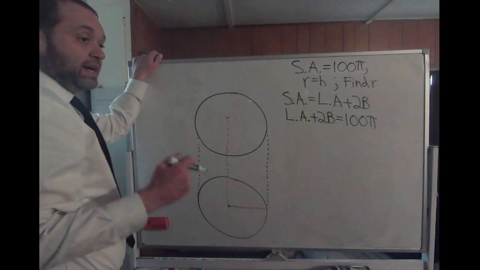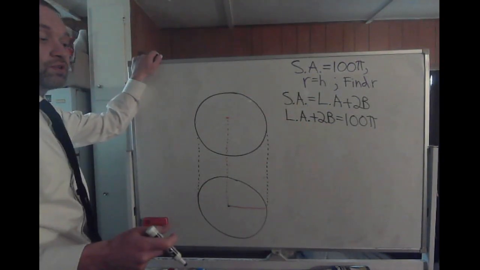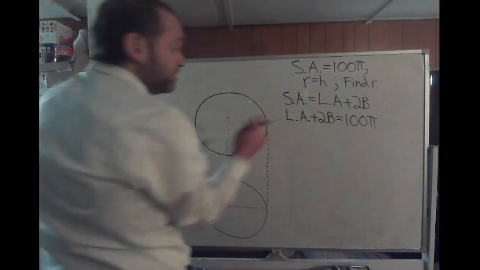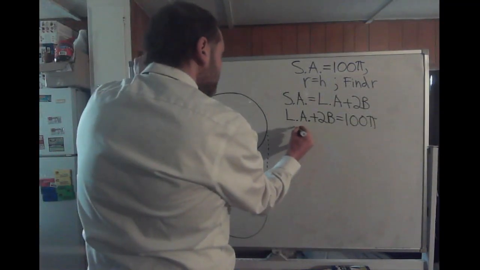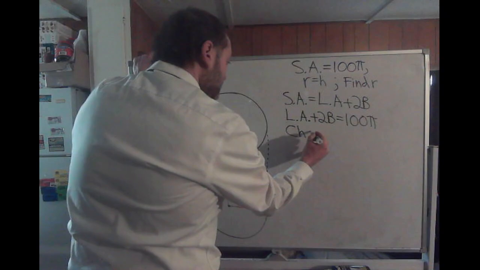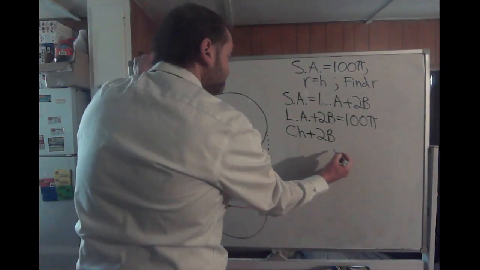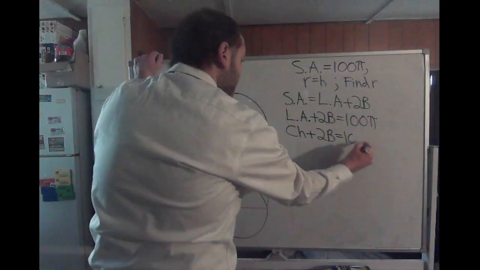Now this is where we got to get a bit creative. What's the formula for a lateral area of a cylinder? The circumference times the height, right? Plus, of course, twice the area of the base would still equal 100 pi.